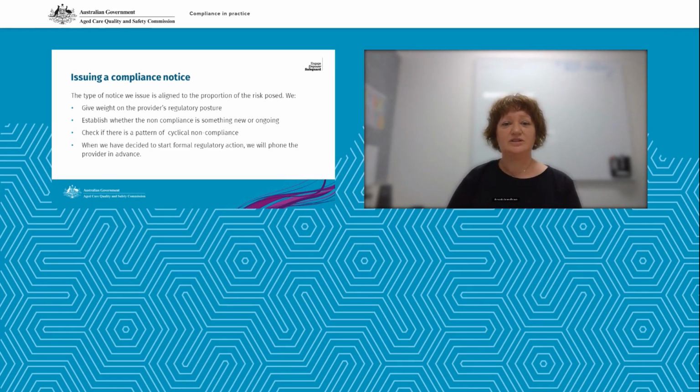When we've made a decision to initiate formal regulatory action, someone from my team will generally phone the provider in advance of them receiving the notice to let them know what's happening and why. We're also actively working to significantly improve the way we draft our notices to ensure they're written in plain English and make clear the issues we're concerned about so the provider knows what we want them to address. From there, we hand over the case to our case management team.